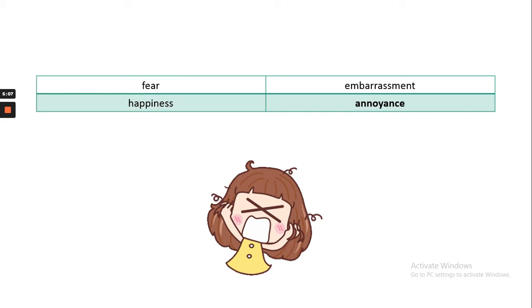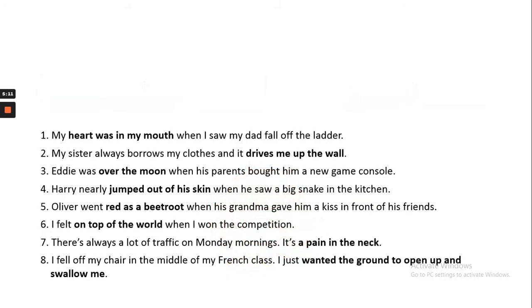Okay, now that we have looked at all the 4 words, so let's look back at these sentences again. Remember, based on these sentences and based on the idioms in bold, you need to determine whether they express fear, embarrassment, happiness, or annoyance. Okay, so we're going to look at these sentences one by one.